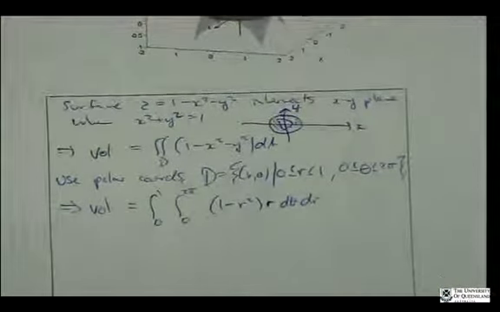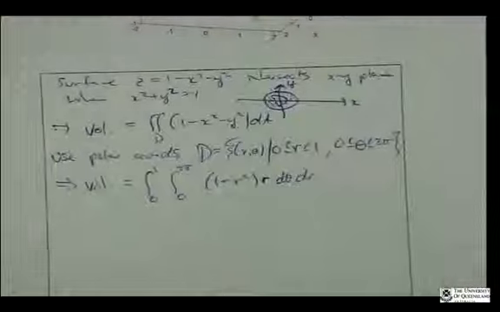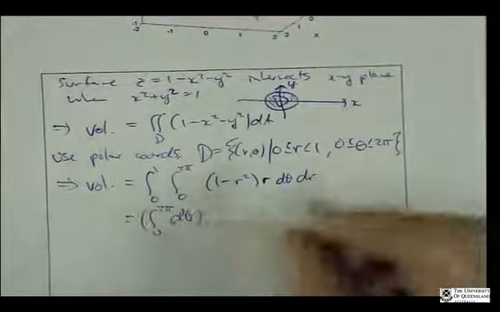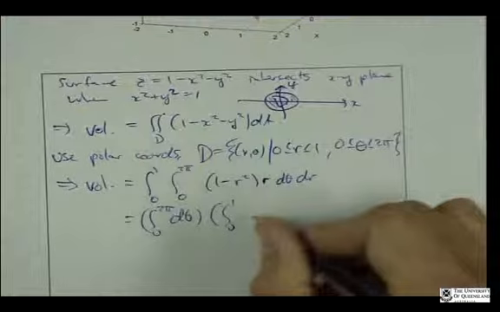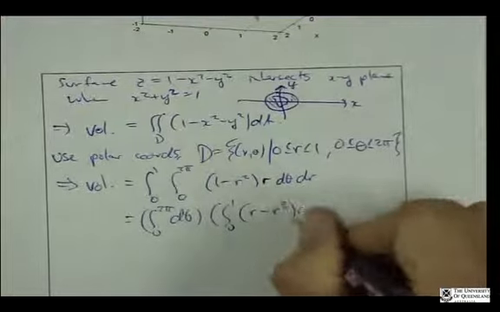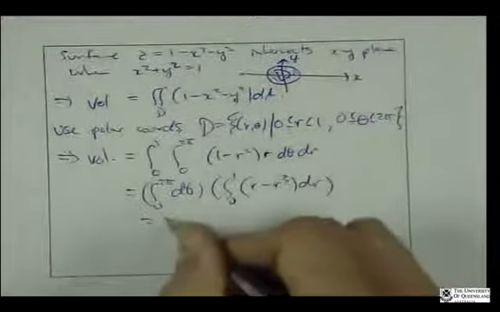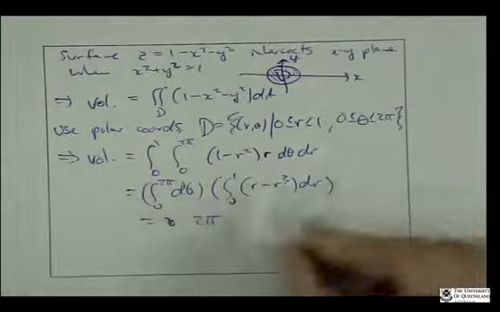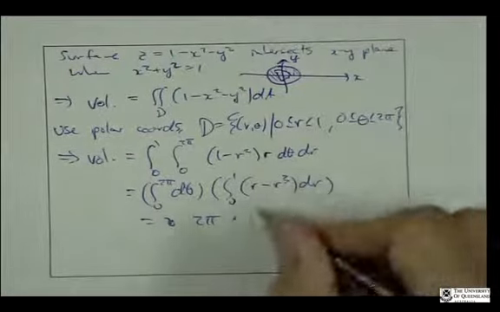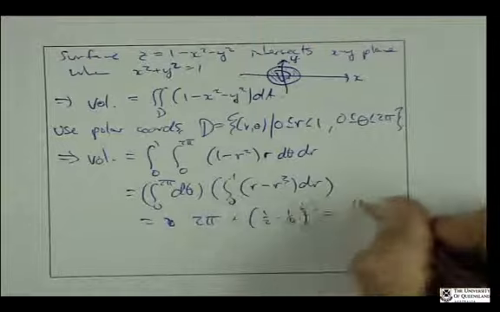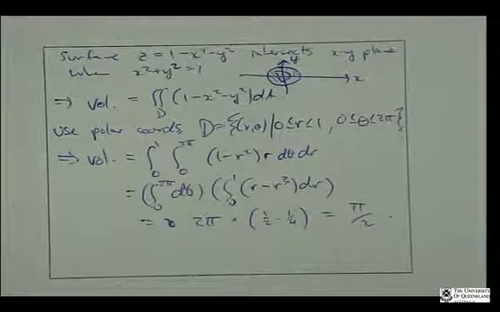So that's a really straightforward integral. Again, I could just write this as a product of an integral with respect to theta and an integral with respect to r. So I can work it out straight away, right? 2 pi times a half minus a quarter, so that's just pi on 2.